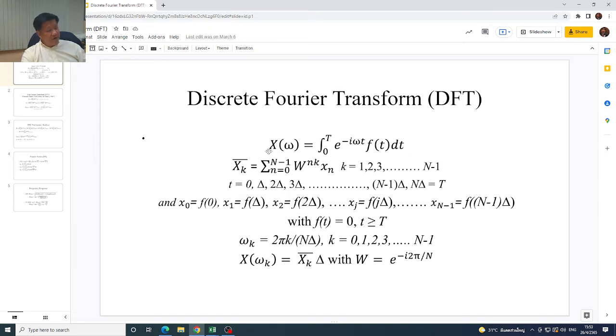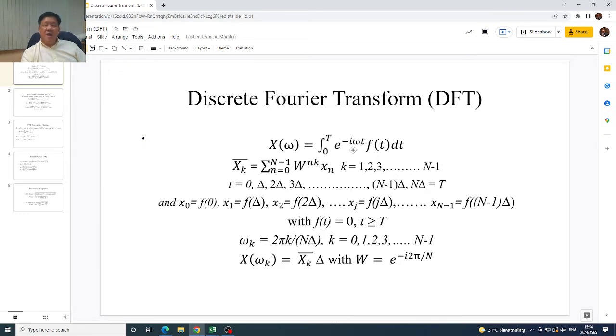The difference between Fourier transform and Fourier series is that for Fourier series you need to consider a periodic signal, but for Fourier transform we only consider a transient signal within the interval of 0 to capital T. Fourier series is in summation form, but Fourier transform is in continuous form, and you find all the effect of t within that interval by multiplying f of t by the exponent of minus i times omega t.